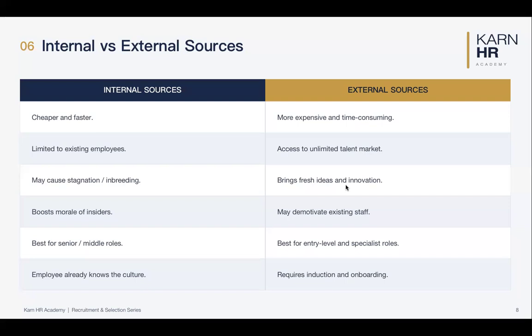In internal sources, the employee already knows the culture, so there is no need for induction classes or any kind of training. But in external sources, you need to provide induction training and other training for new employees to settle in. So this is the comparison between internal sources and external sources.